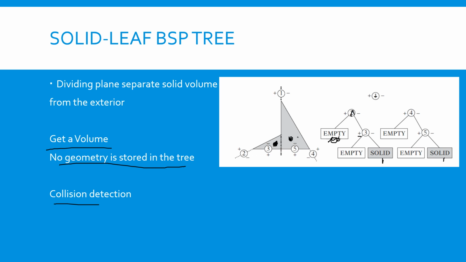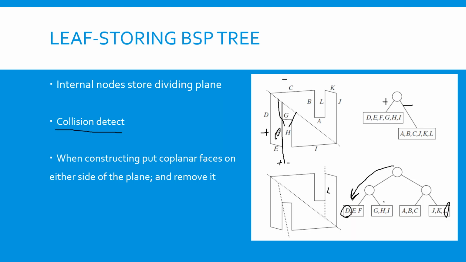The problem is when we do this, we don't know if the node is A, B, C, or D. We have lost all this information. And with the other one, we have this information, but for example D, F, we don't know the area or the whole structure of the object here.